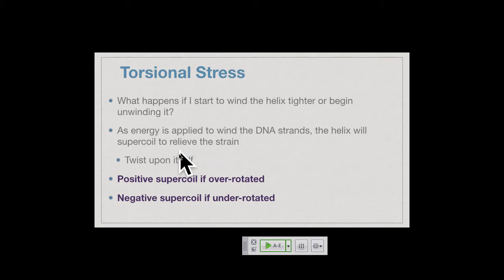If we over-rotate it, meaning we add more, we're going to have more than 10 bases per turn of the helix, we will get positive supercoils. I'll show you a figure of that in a minute. If we under-rotate it, so we have less than 10 bases per turn, then we're going to get negative supercoils. This is what we find in cells. We don't find positive supercoils, we find negative supercoils.